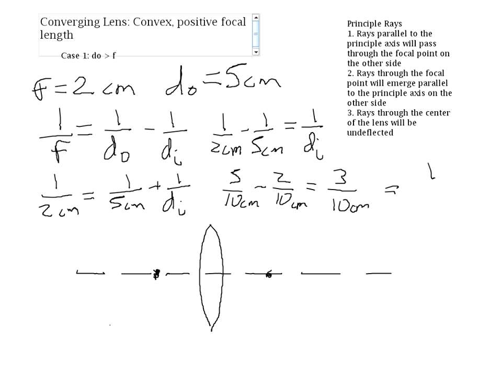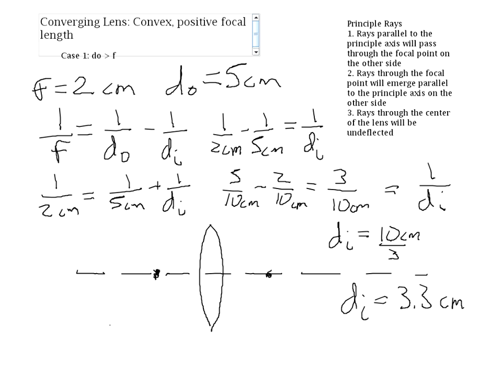equals 1 over di. So if I take the reciprocal of both sides, then we get that di is equal to 10 centimeters over 3, or di is equal to 3.3 repeating centimeters.